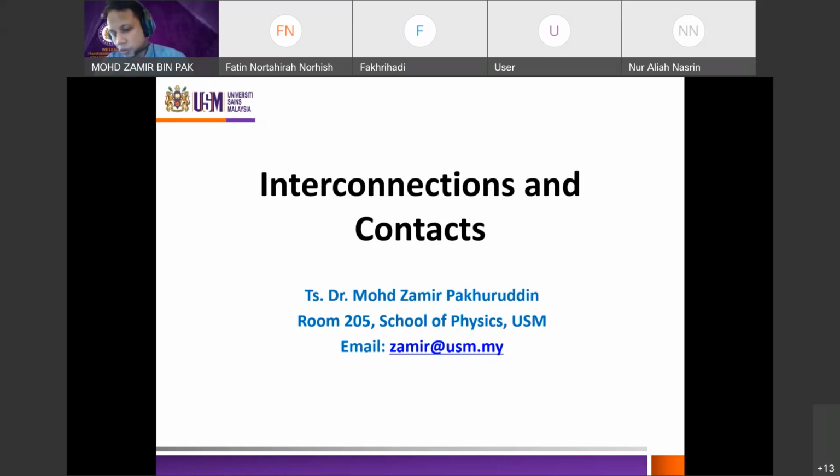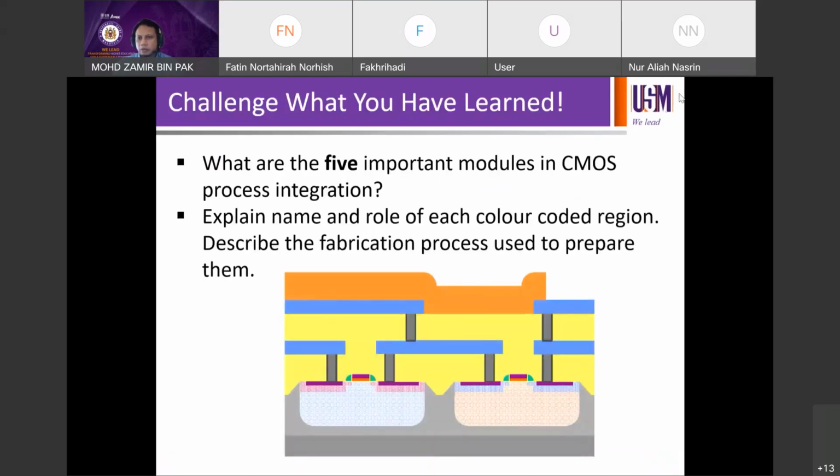You can see the same sequence we discussed last time for metal 1, metal 2: the IMD, the contact etch, the plug, then planarization, and then comes the next step. So it's not about the exact thing you learn here, but rather what you learn here that you can adopt to different devices.